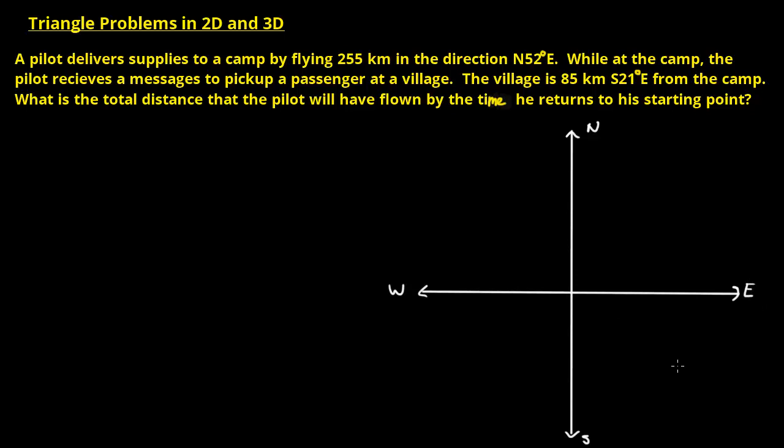Okay, so the first piece of information that we're told is the pilot flies 255 kilometers in the direction of north 52 degrees east. So the pilot goes 255 kilometers north 52 degrees east.